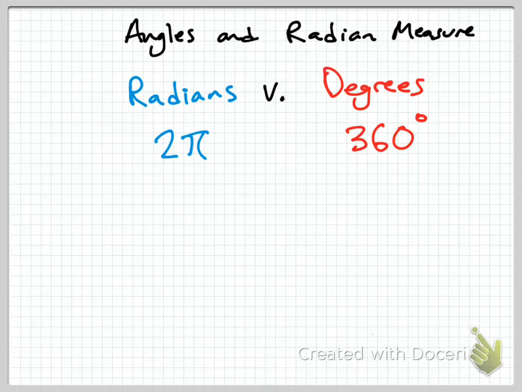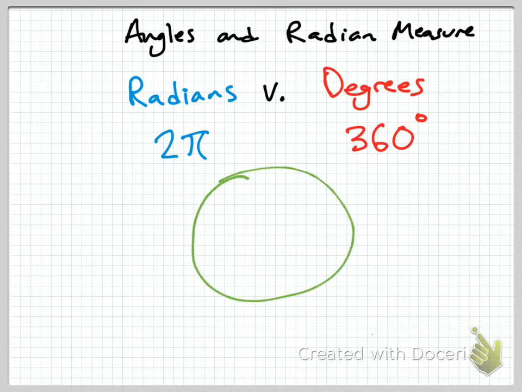In some ways, you could even make the argument that radians is more connected to the geometry of the circle, whereas 360 seems relatively arbitrary. Because if we know what a radius of a circle is, 1 radian is defined by basically the arc length that is equal to the radius.